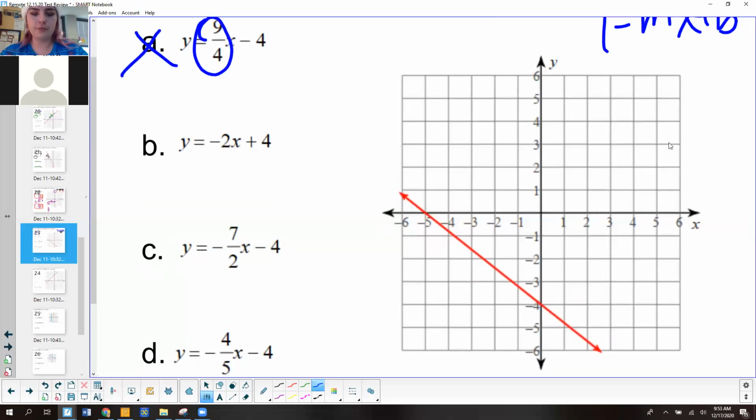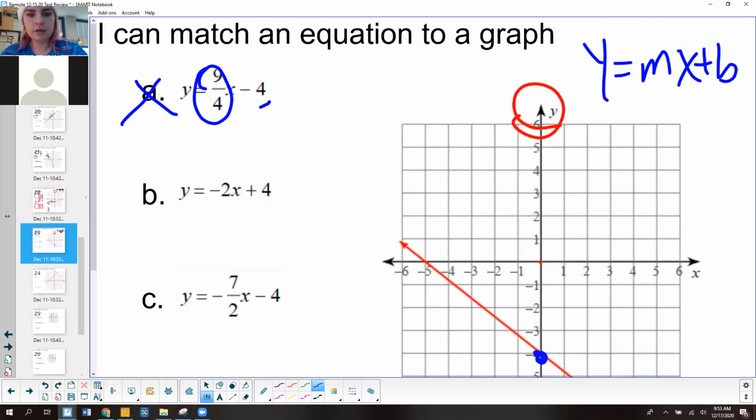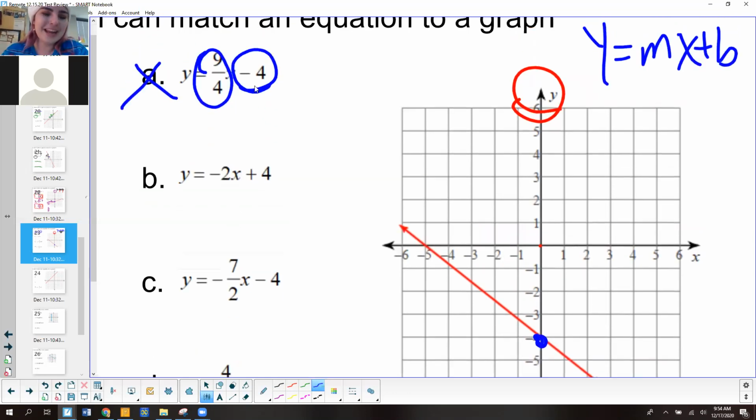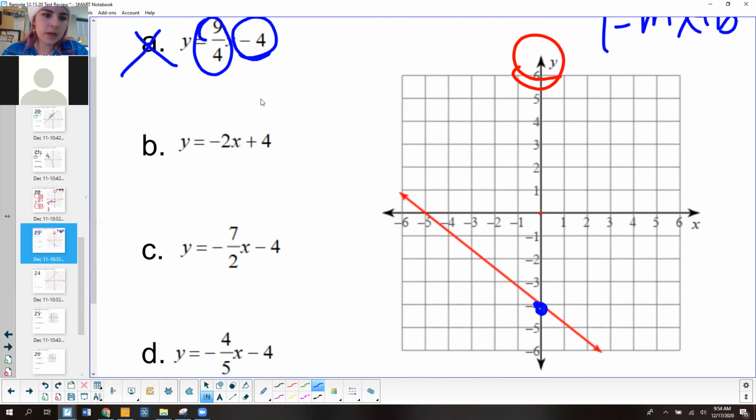All right, next thing I can do for process of elimination, I can look at B, or that y-intercept. So if I'm looking at my y-axis, my vertical axis, I start at the origin and go down -1, 2, 3, 4. So our line intersects the y-axis at -4. So then I'm looking for a line with -4 in the equation.